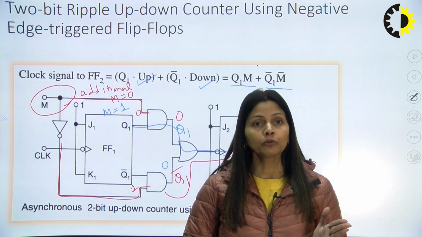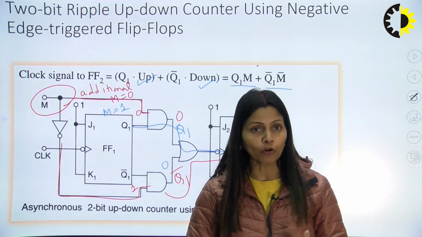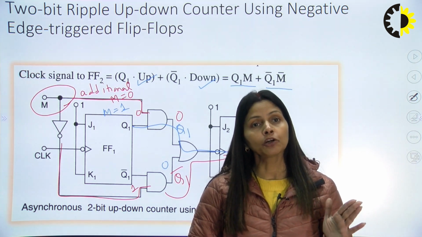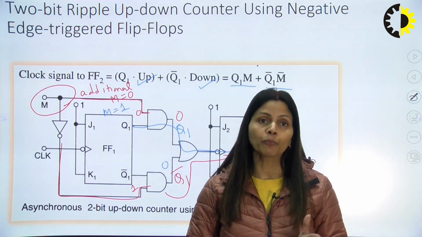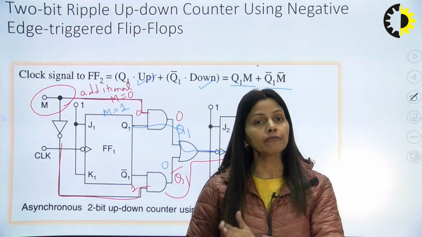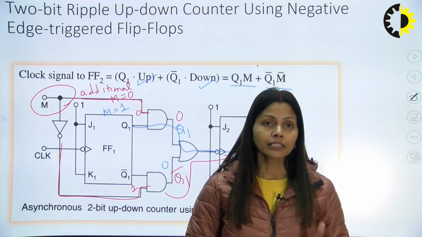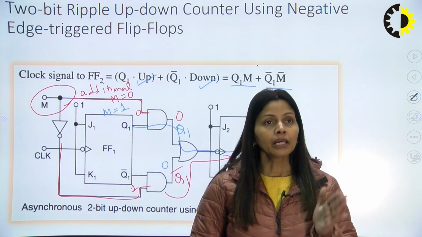Both flip flops will toggle from 0 to 1 and 1 to 0, and this toggling property of JK flip flop and T flip flop can be used to design asynchronous counters or ripple counters very easily.